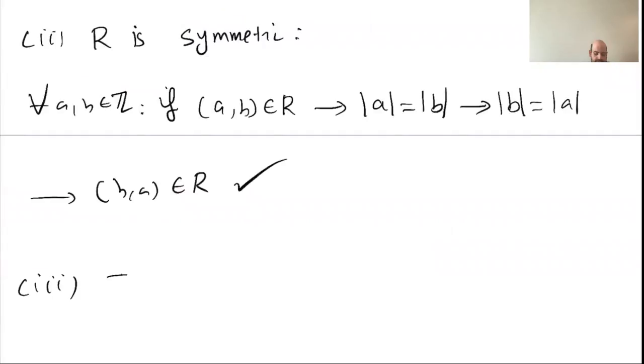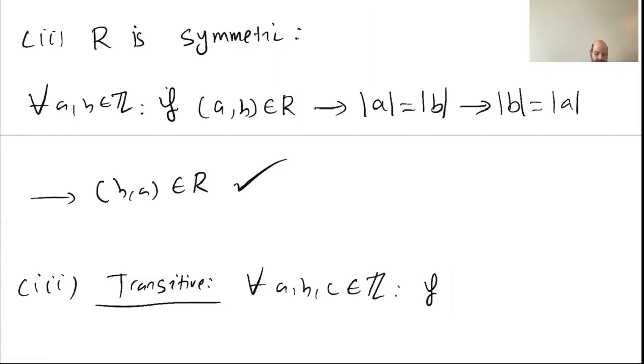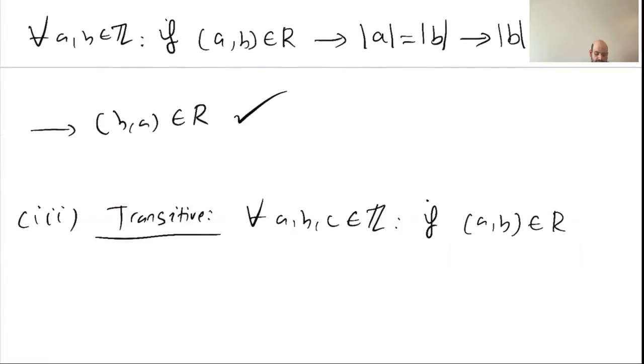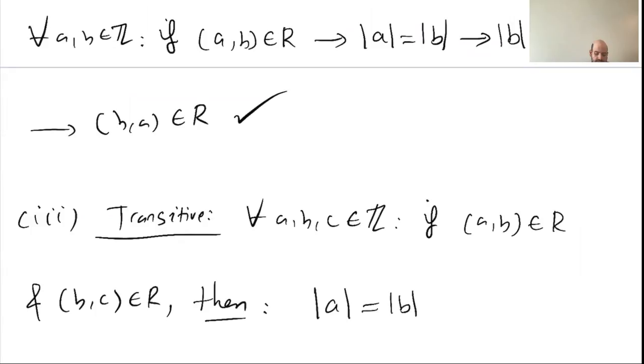And third property, transitive. For every a, b and c in Z, if (a, b) is in R and (b, c) is in R, then we can say that |a| equals |b| and |b| equals |c|. So one pair being in R means that the absolute value of the first element is the same as the absolute value of the second element.